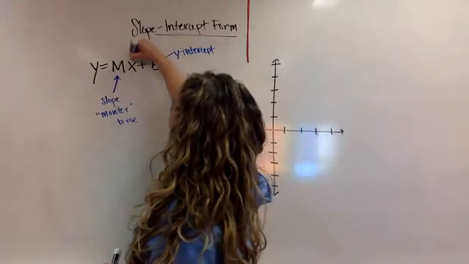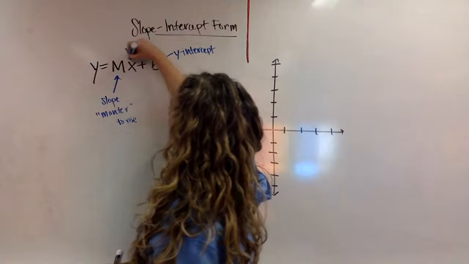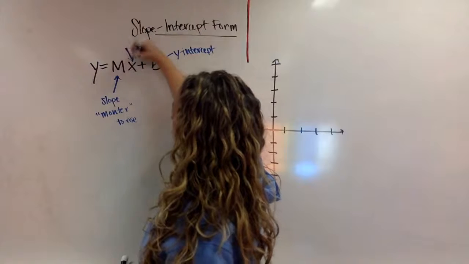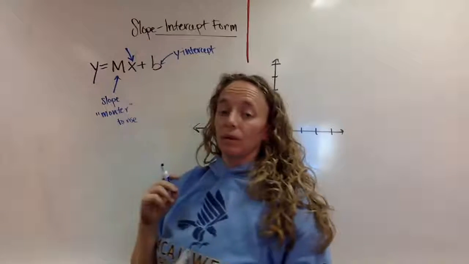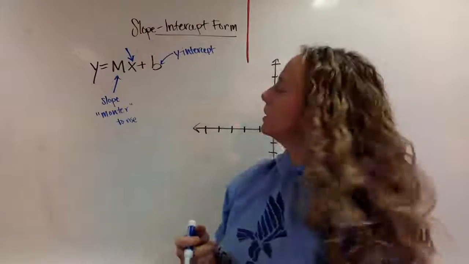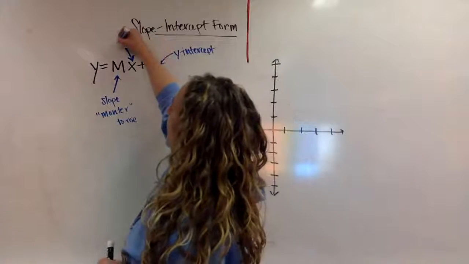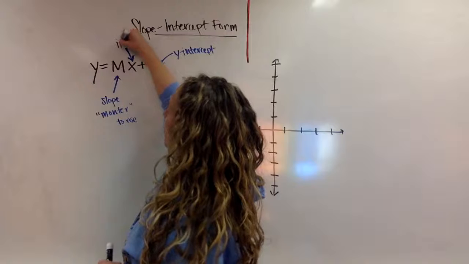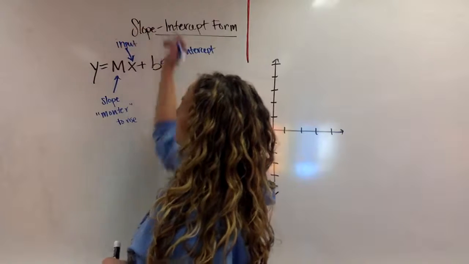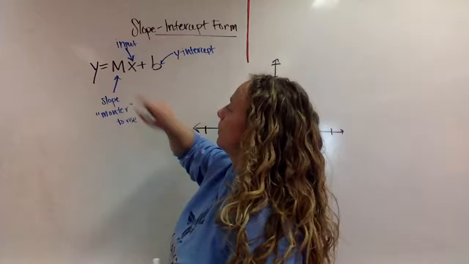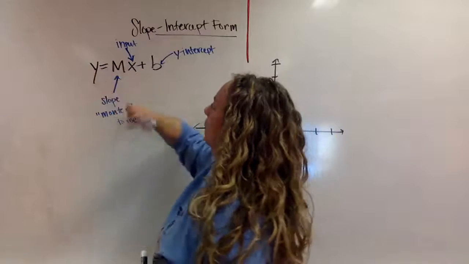We also have the x and the y, and we're never going to really change those unless we are creating the equation in some way, shape, or form and doing it purely algebraically. But for the most part, x is where we have our input. If we ever wanted to figure out some ordered pairs for this, we would put a number in for x and find out what the y is.